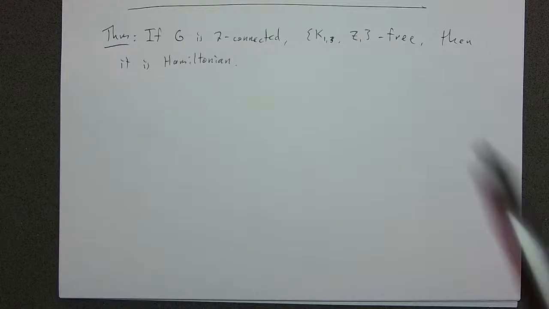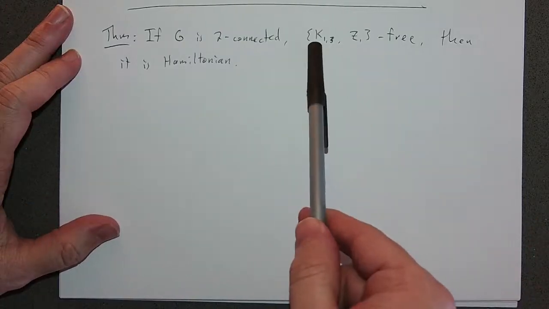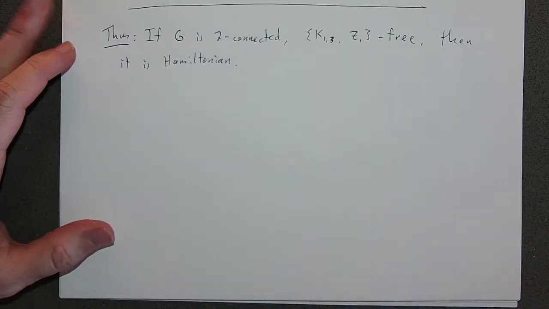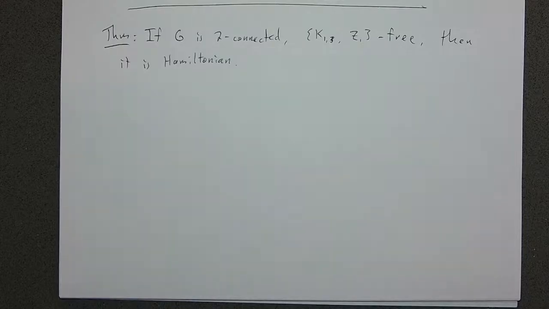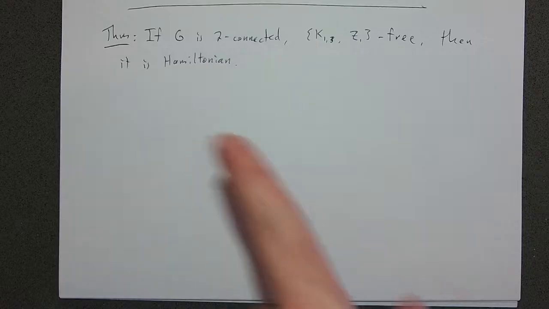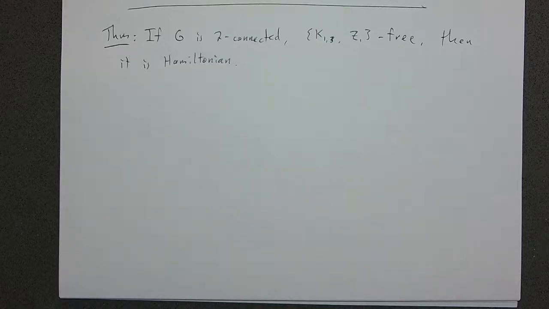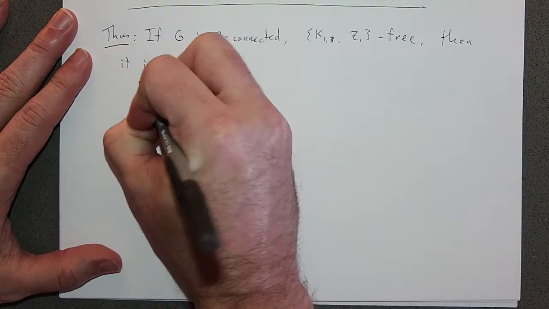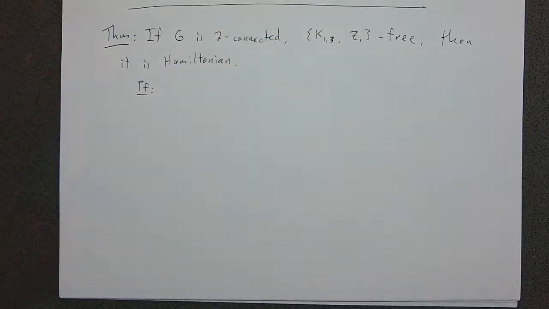You might ask, is it okay to impose one of these and not the other? Well, we'll see why for this theorem both of these are needed, and we can't just forbid the claw. There's going to be a bunch of results we talk about right after this, but I wanted to give a proof that shows how these forbidden subgraph things can be used.